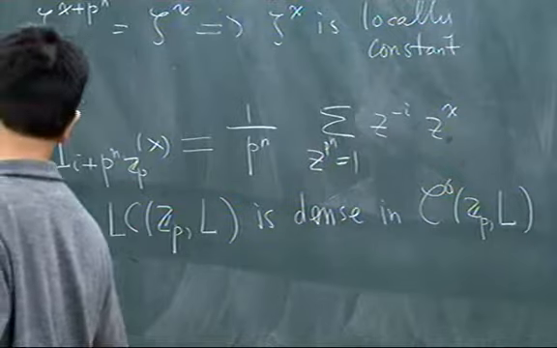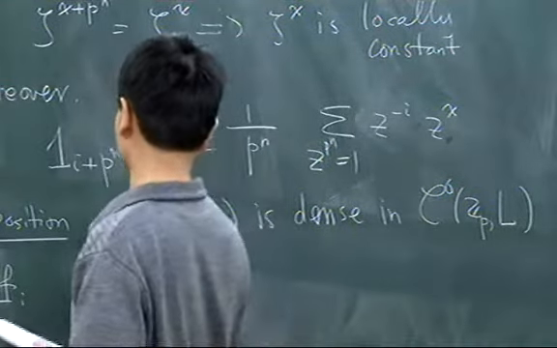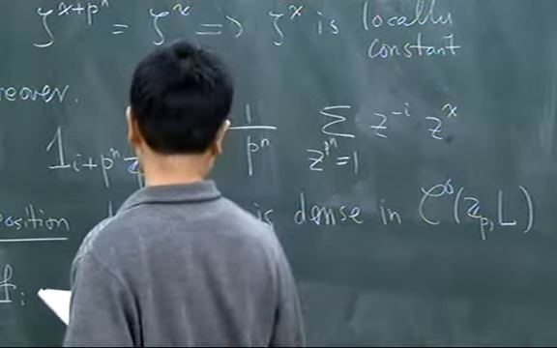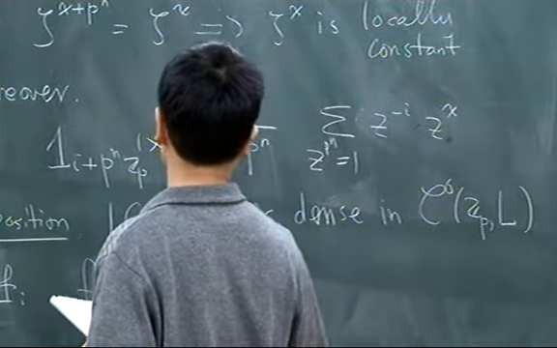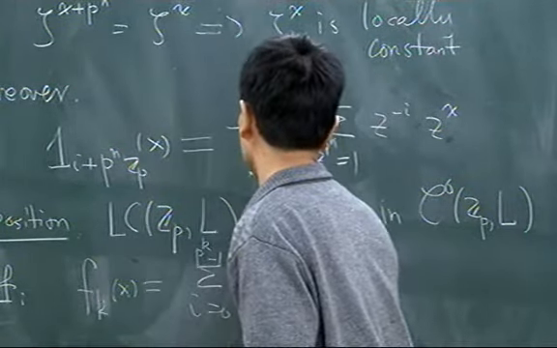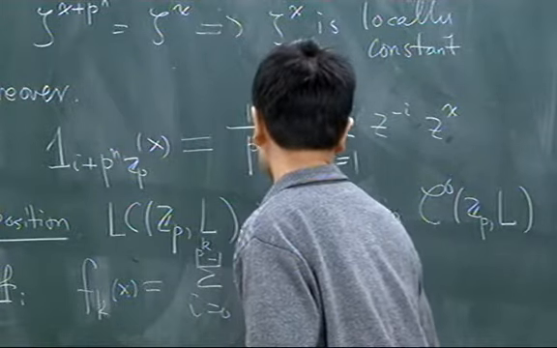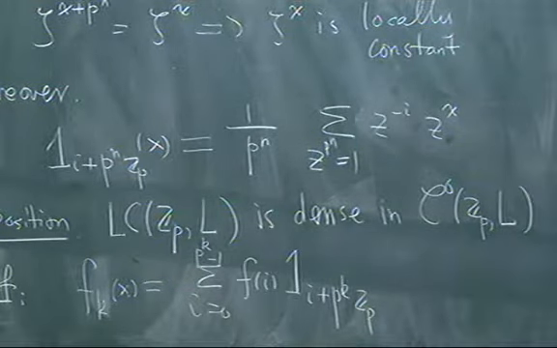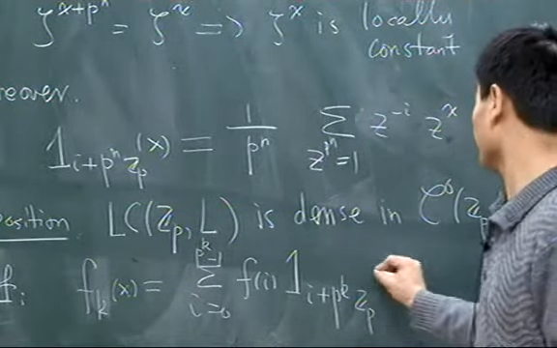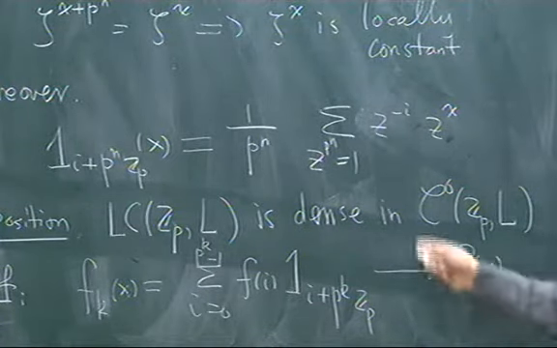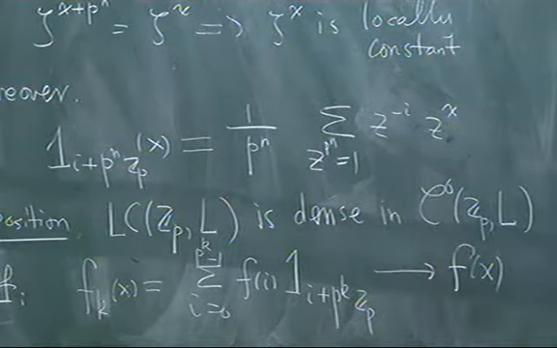It's also analysis. You just say f_k, for example, f_k is the sum over i from 0 to p^k minus 1 of f(i) times the characteristic function of i plus p^k Z_p. So this is a locally constant function, but you can find this goes to f for any f contained here. So that means this is dense.